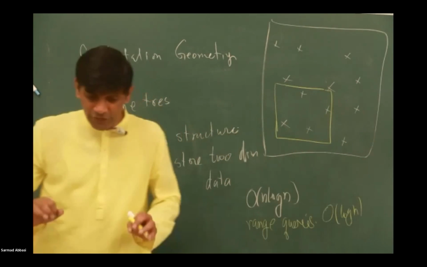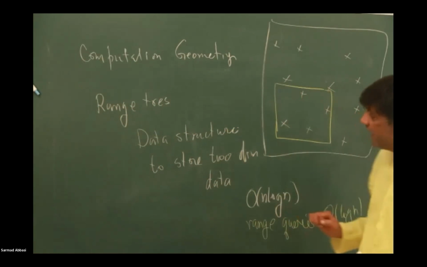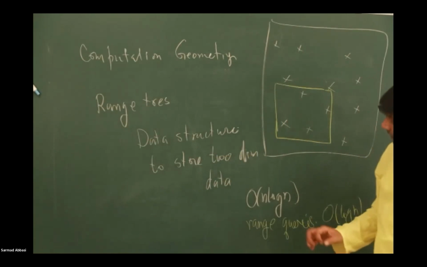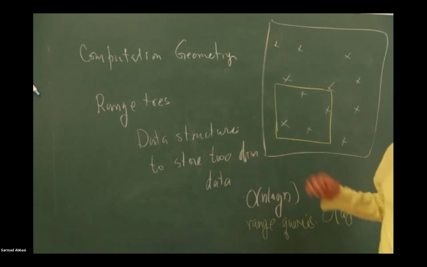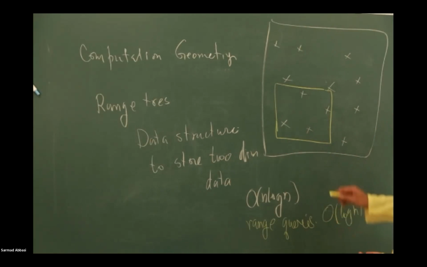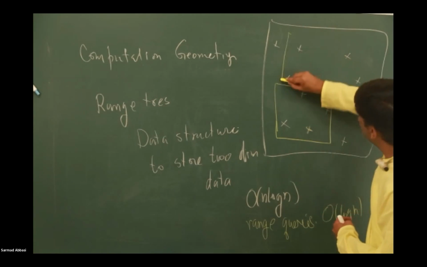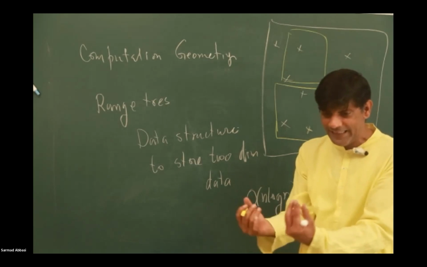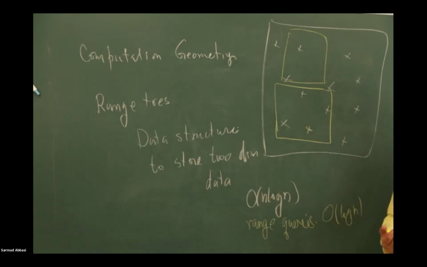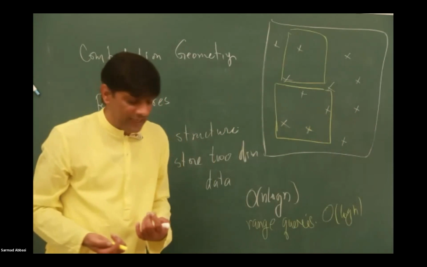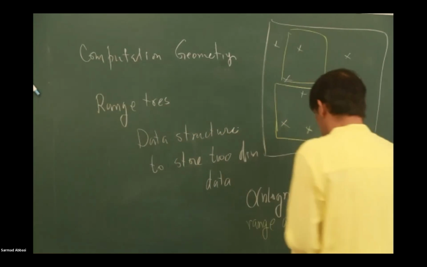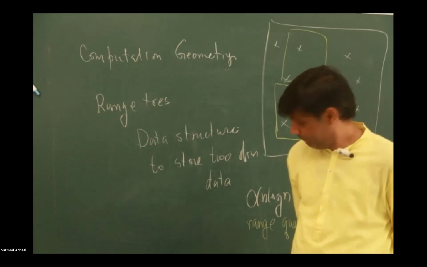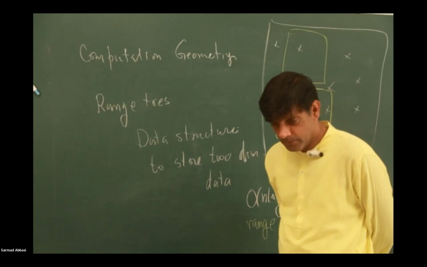So this is now how I do the initialization. I take all my initial positions and I throw them into a data structure, which is range trees. And then for every particle, I just take a window of small size, find out all the points that are nearby and calculate their collision rates. And that's it. Sarmad, here n is going to be the particles coming in this yellow box?